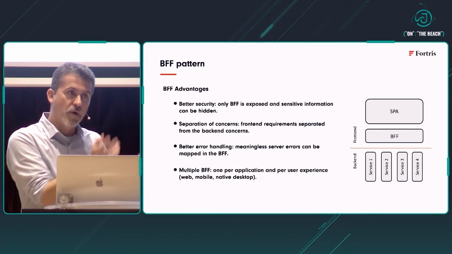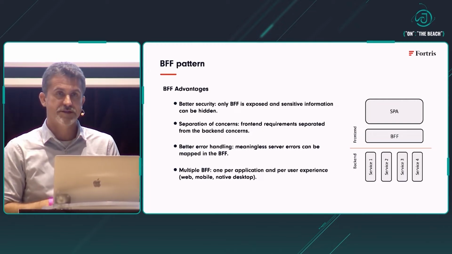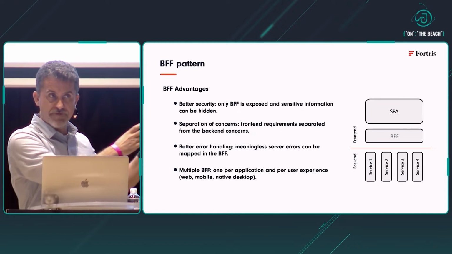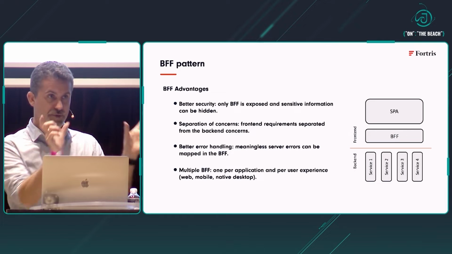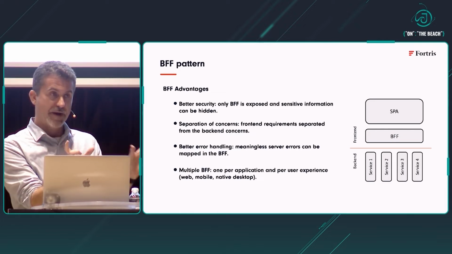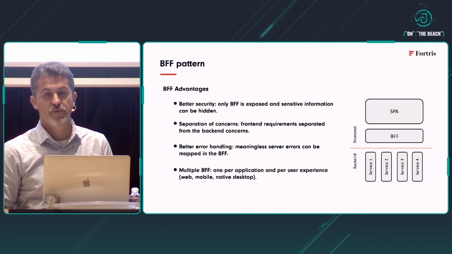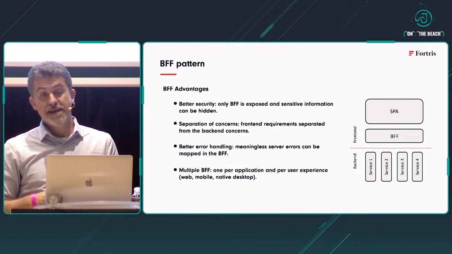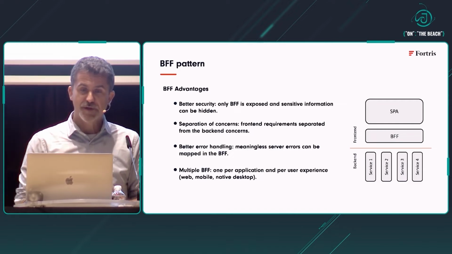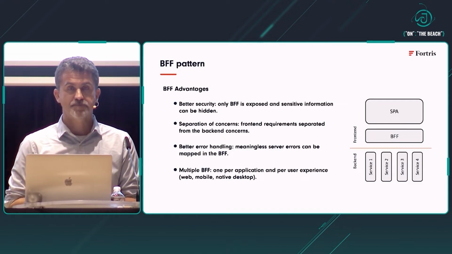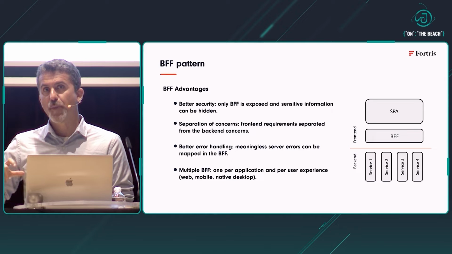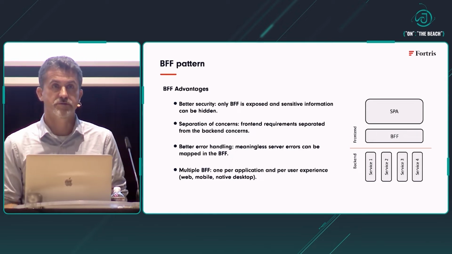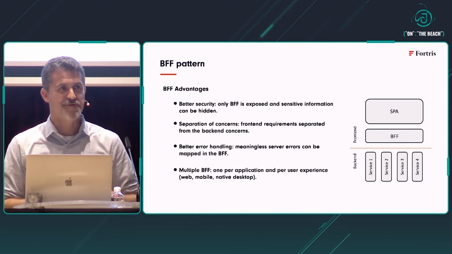An example, going to our platform, I mentioned two solutions, management and self-custody. Imagine we have one single-page application for each. So you can have two backends for frontend, one per each client-side application. And in addition, being strict with the definition, you need a backend for frontend also per user experience. So you can have one for web, for mobile, and for desktop, but this increases the number of backends for frontend that we have.